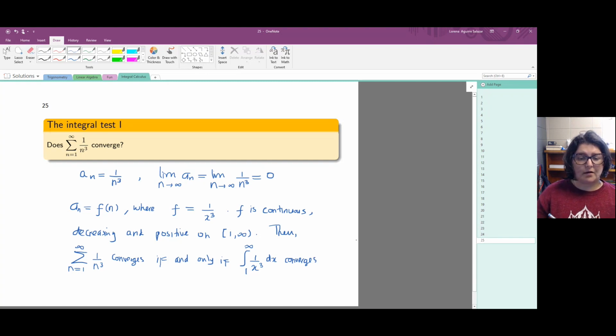Meaning we get a number out of that integral from 1 to infinity. And when we look at that integral, we realize that that integral is going to converge. Let's look at that integral.